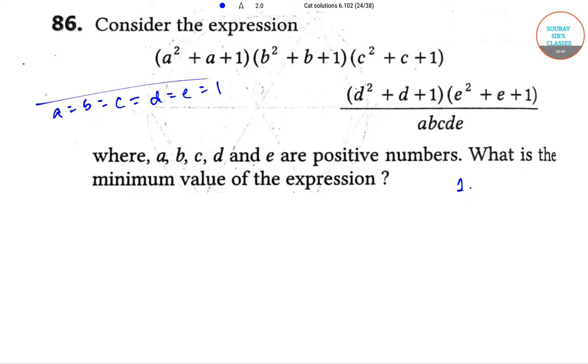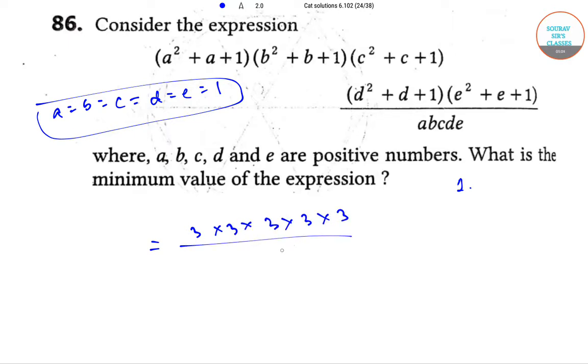Only when this condition is satisfied will we get the minimum value of this expression. So it becomes 3 × 3 × 3 × 3 × 3 / 1, that is 243. So the minimum value of this expression is 243.